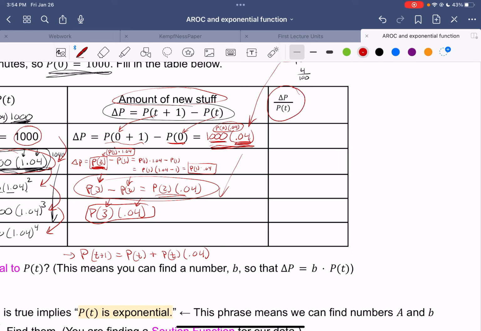So, whether or not we suss this out, what we do here is, this delta P, delta P, delta P, it's saying you take the value in this box and you divide it by the value in this box. And what you'll notice is that you always get 4%. Okay, you'll always get this 0.04, which is very clear because of how I wrote it.